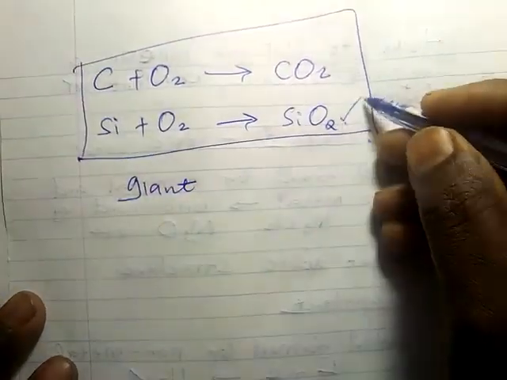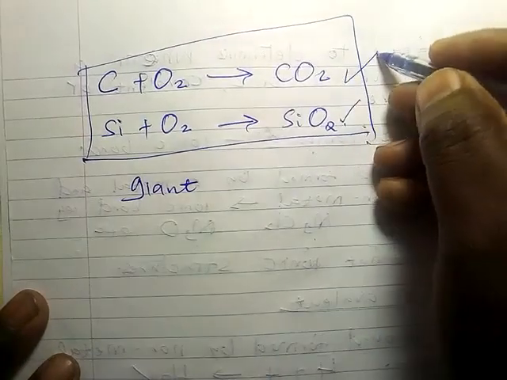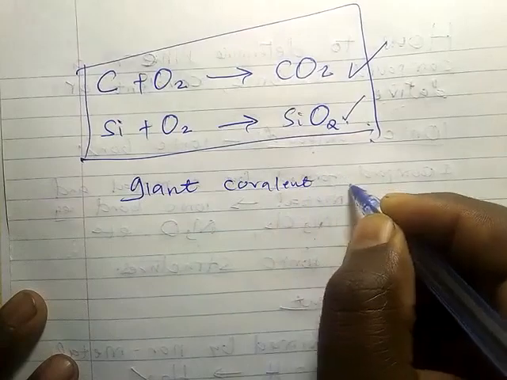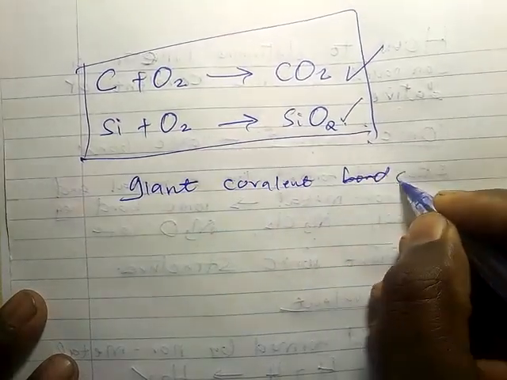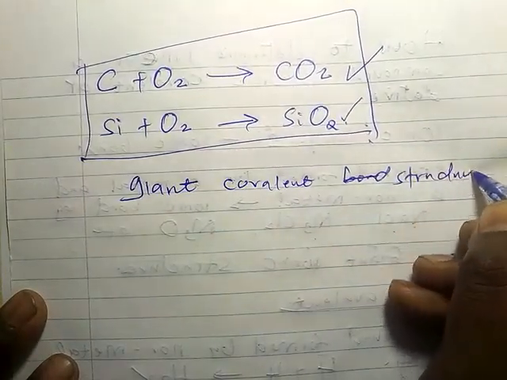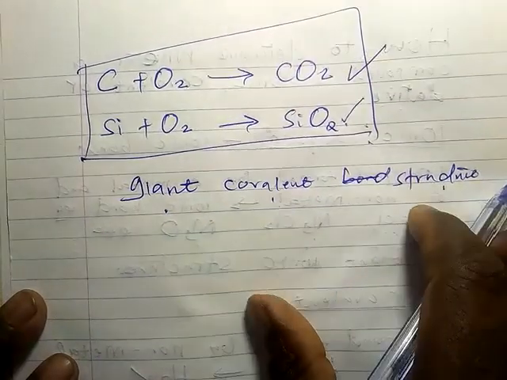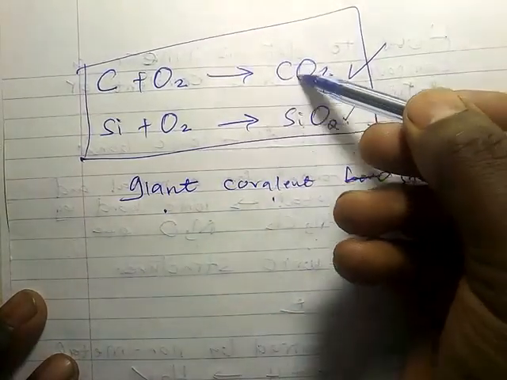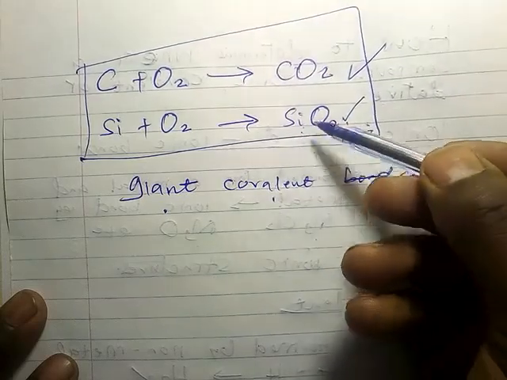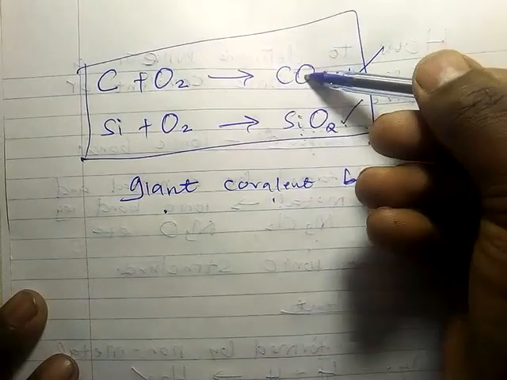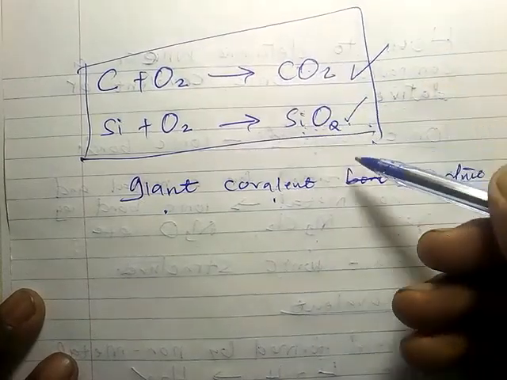Of course, it is covalent bonding, but they form giant covalent structures. Why? You should know the relationship between these. Silicon can lose 4 electrons to be stable. Silicon can gain 4 electrons to be stable, similar to carbon. Therefore, that's where the difference comes in.